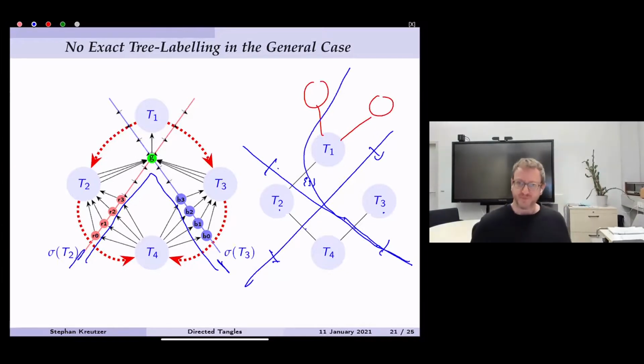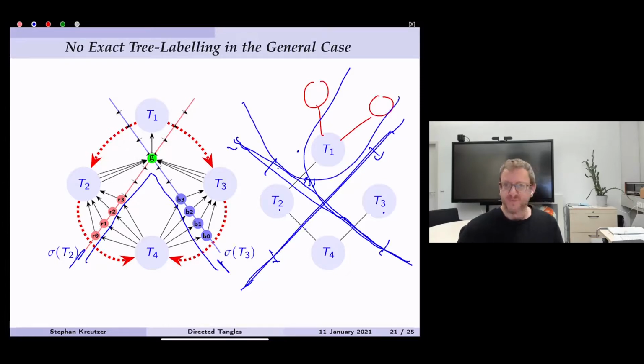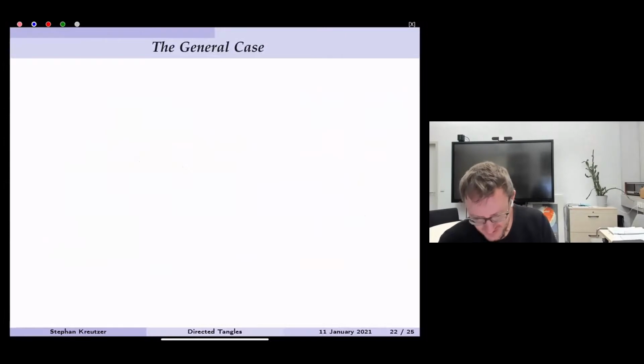So that won't happen. So this will always be this one and this one. If they share a tangle on this side, then they share all of these tangles. Not sure if that makes too much sense, but it's not completely random how we split.